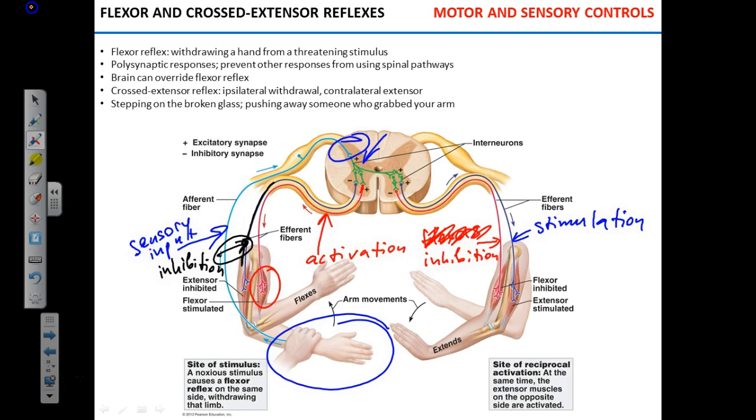Where's your contralateral flexor? Shake it. Yeah, right here, the flexor on the left arm. Does that make sense? You have to be able to operate with ipsilateral and contralateral. If you have troubles, tell me now, or corner me afterwards.